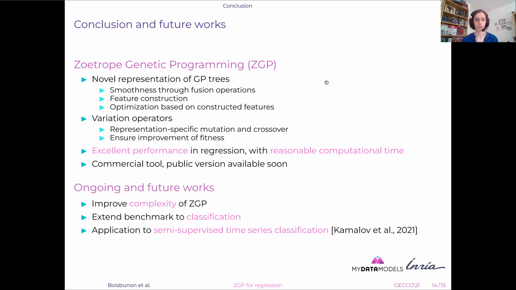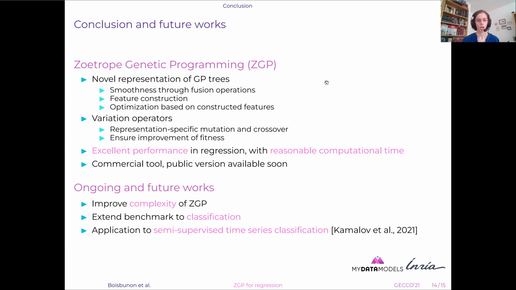The variation operators are also specific to the GP, and they allow to improve the fitness at each step. And we got very good performance with good computational time. I'd like to mention that the GP is embedded in a commercial tool, but the public version will be available soon to the community.